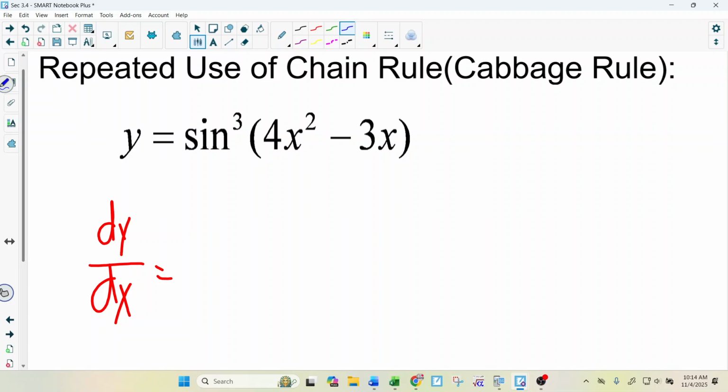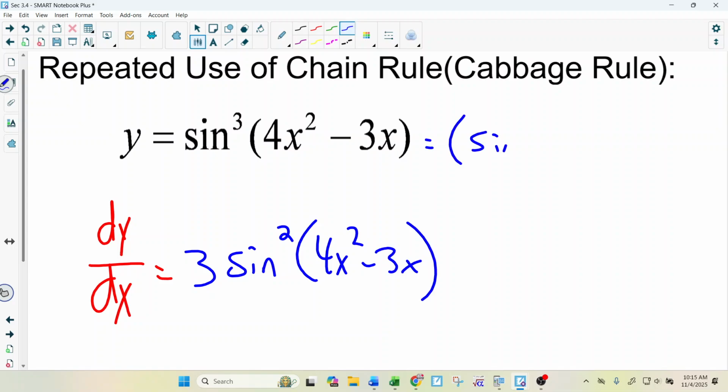So I bring down the 3, subtract 1. Now, it may help, as I mentioned the other day, to think of it with the parentheses.